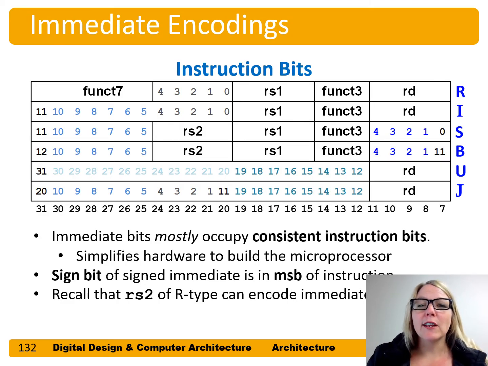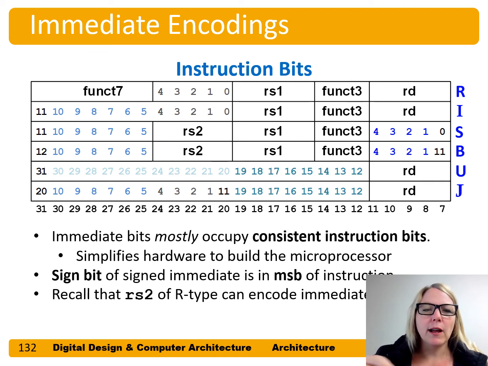Now let's look at the encoding in the instruction. And so that bit swizzling that went on, especially with the B-type and the J-type instructions, was done to keep the bits in the same bit location in the instruction when possible.